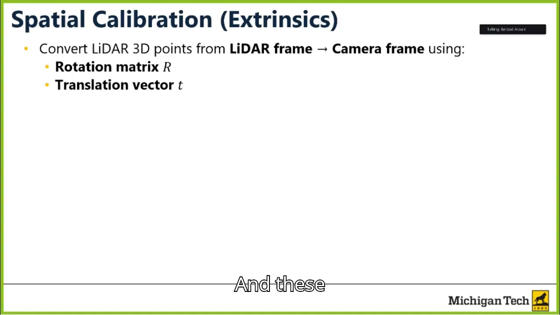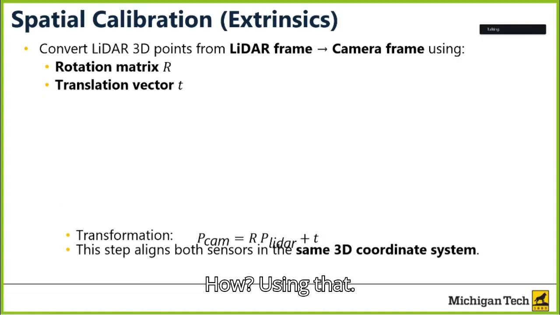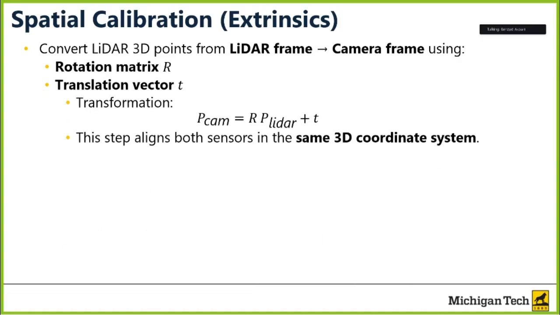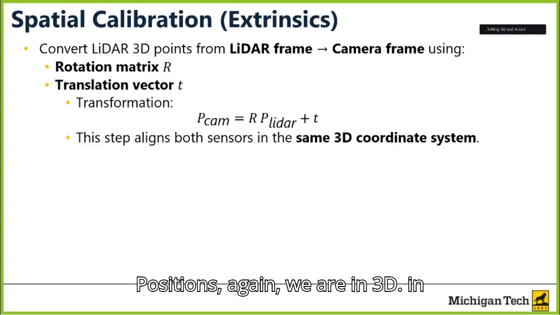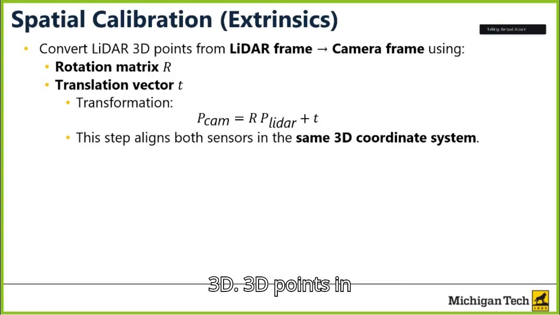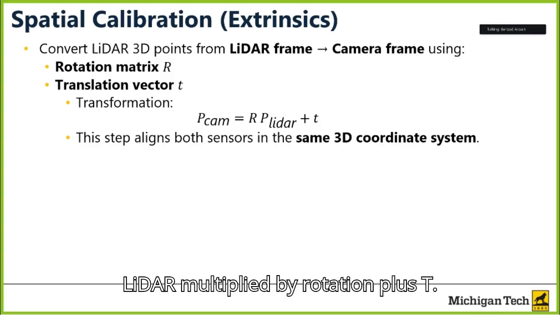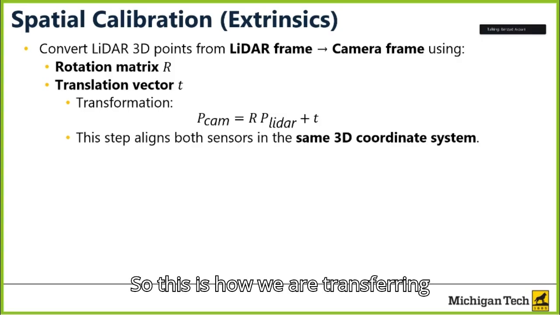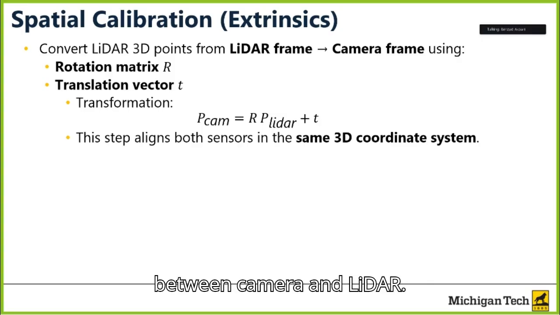These extrinsics help to move from LiDAR frame space to camera frame space. How? Using positions, again in 3D: 3D points in camera are 3D points in LiDAR multiplied by rotation plus T. So this is how we transfer between camera and LiDAR.